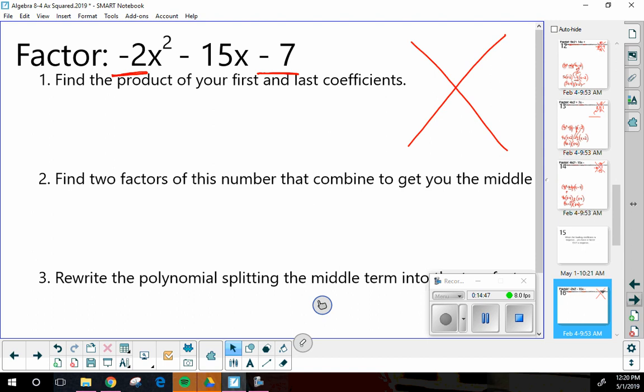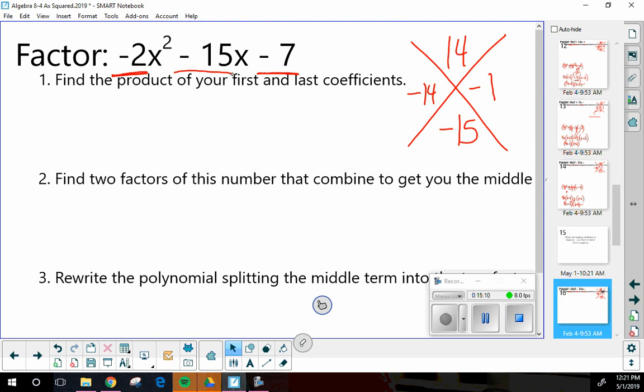That gives us a positive 14. Okay, and then this negative 15 just goes right here. So the two numbers I'm looking for, negative 14 times negative 1 gives me a positive 15. And when I add those, I get a negative 15.